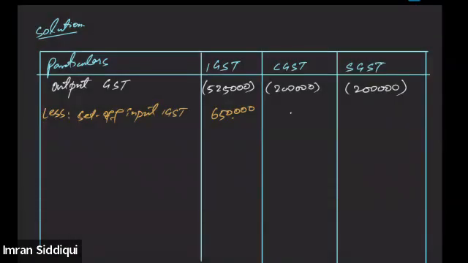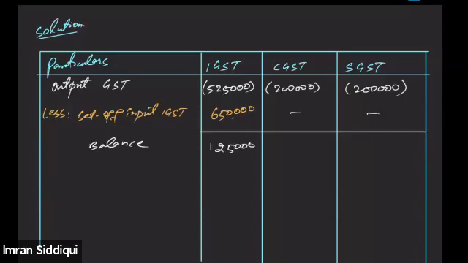Got it? Now we'll calculate the balance. The balancing figure will be, after subtracting 5,25,000 out of 6,50,000, the remaining amount of 1,25,000. This is yet to be set off. And under CGST, we will have a credit balance of 2 lakh that can be utilized to set off the IGST. And we will also have 2 lakh under the SGST as well. Now the balance value will be set off through the output CGST.